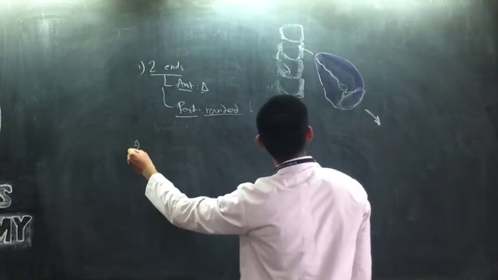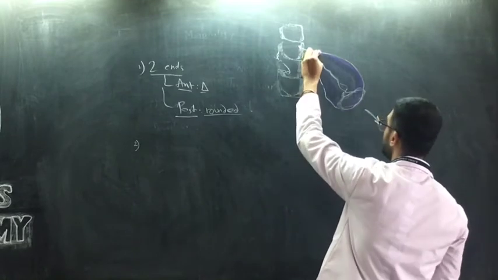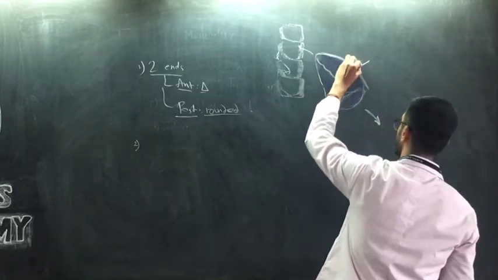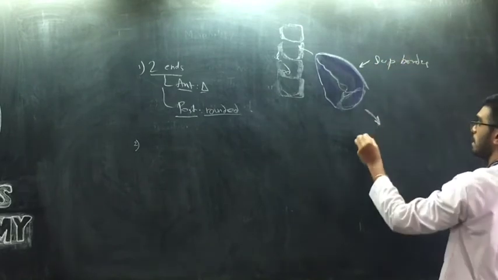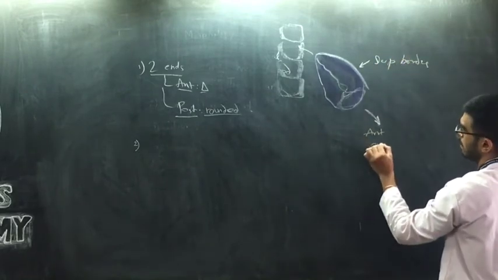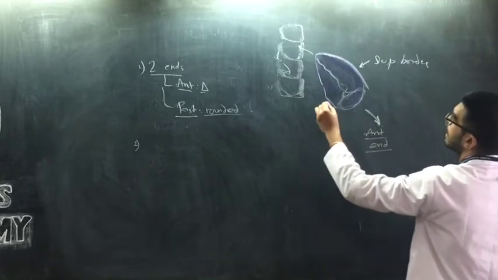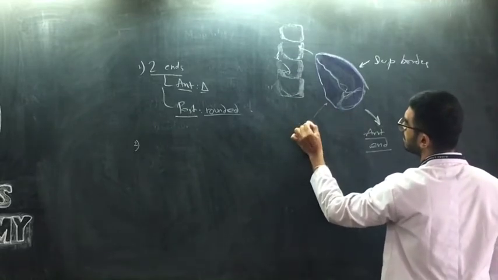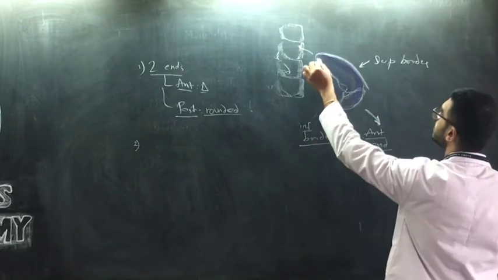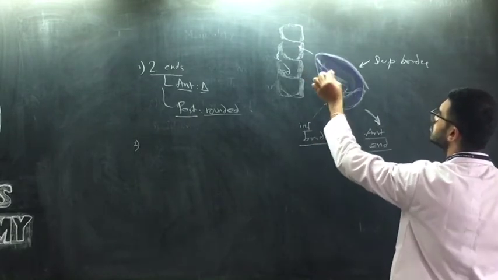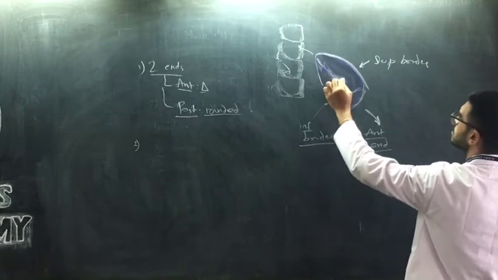The next thing we want to talk about is the border. So it has a superior border, an inferior border, and somewhere in between you have a slightly inconspicuous, sometimes it may be very prominent, sometimes not.